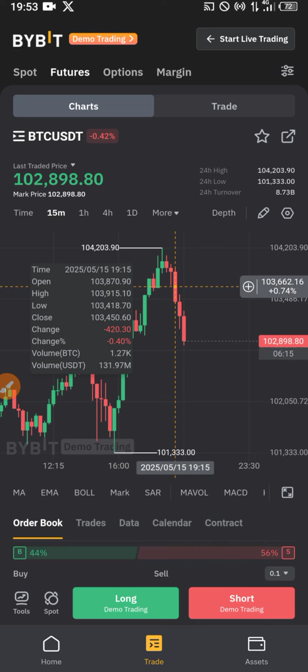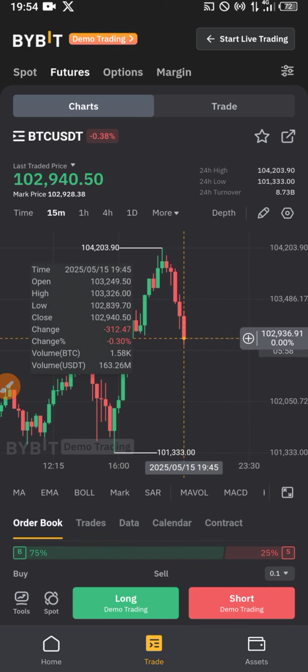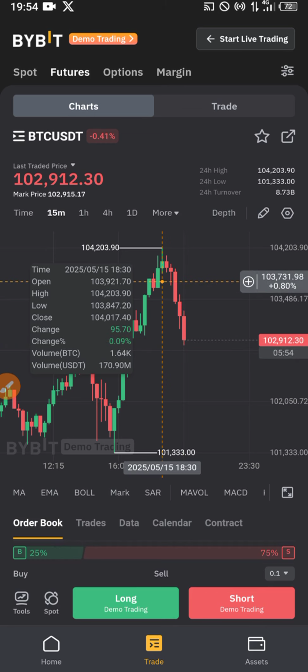That's when you need a conditional order. Conditional order is basically buy stop and sell stop, right? BTC is currently pricing at this range, and I'm only interested in buying if it comes up here.